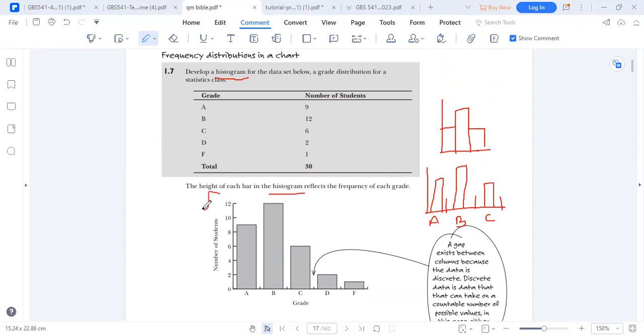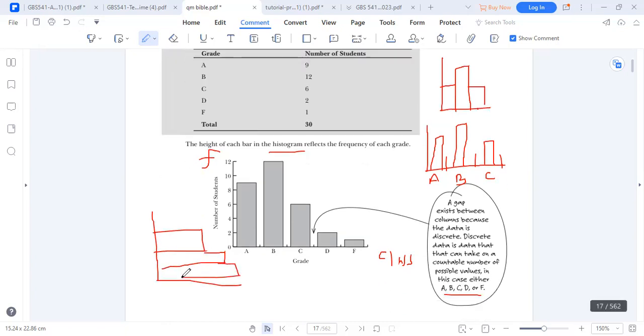The frequency is always on the y-axis, then the classifications are always here on the x-axis. Depending on how your key is, it is not a problem if you draw your graph like this, because if you go to Excel, some of them look like that, as long as you understand them. But for your exam purposes, the frequencies usually go there, and the class category usually is on the horizontal axis.